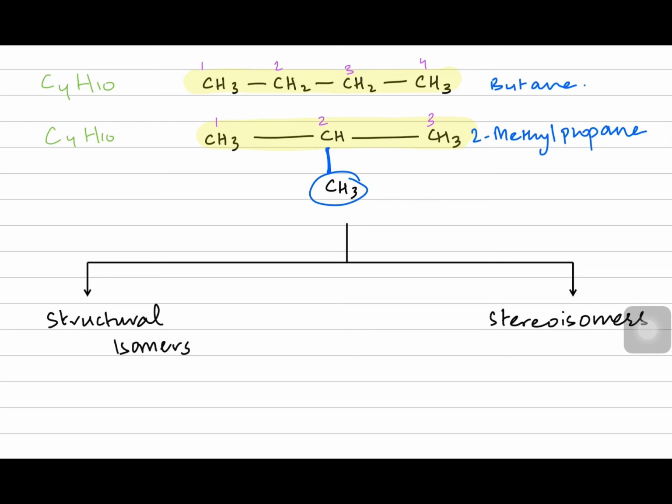In today's video, we'll introduce the concept of structural isomers. Structural isomers are the ones which actually have different structures, so their structural formula and condensed formula would be different. Stereoisomers are a little more complicated, so we'll do them in the upcoming videos.